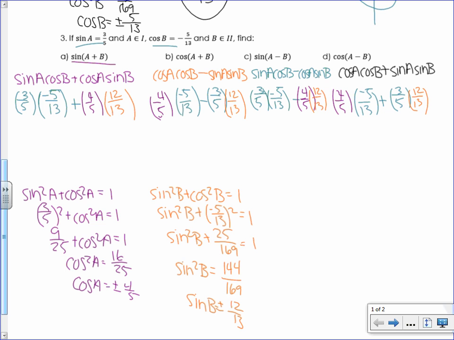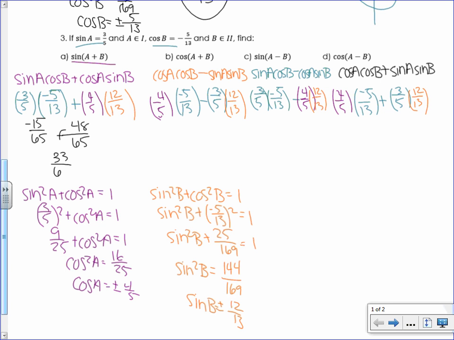And then for part A, this is going to give me negative 15 over, what's 5 times 13? 5 times 13, 65, plus 4 times 12, that's 48 over 65. Why are my pens doing this? 48 minus 15 gives you 33.